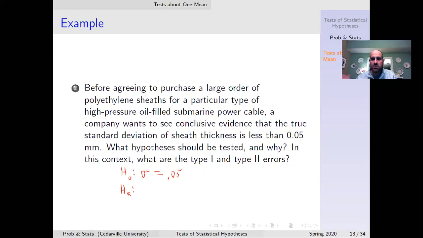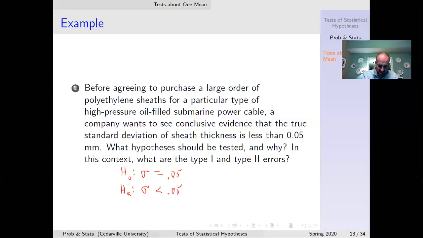Remember, standard deviation measures variability, so we want very small variability before we take the leap and purchase this large order of polyethylene sheaths. So it's going to be sigma less than 0.05.